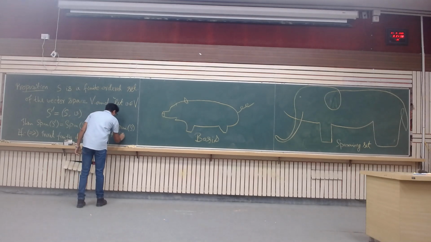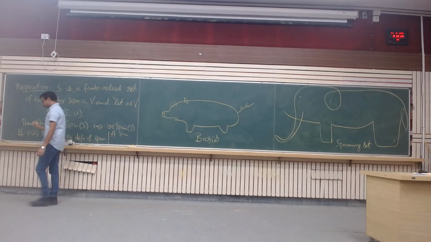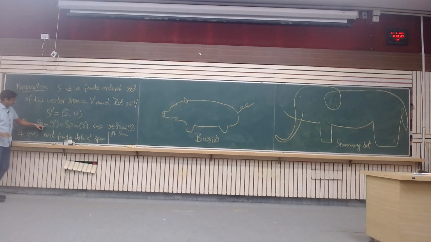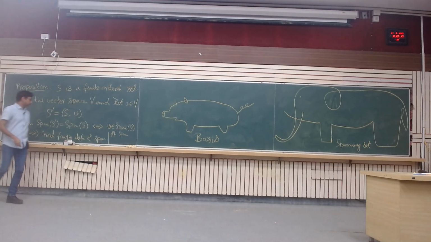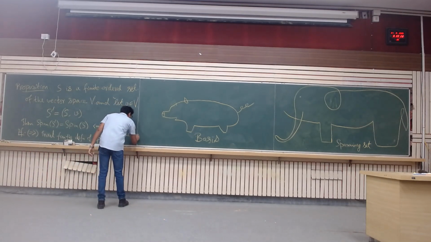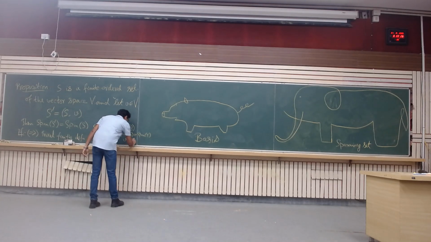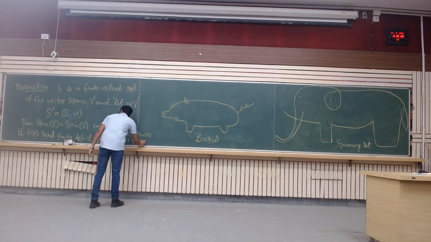And also the other way, if span S dash is equal to this, then since V is an element here, it should belong there. So basically the proof is rather simple, right? It follows directly from the definition of span. So if span S equals span S dash, V is in span S.